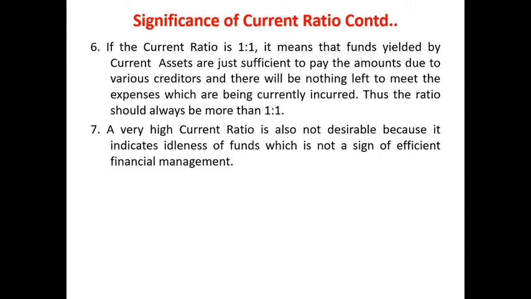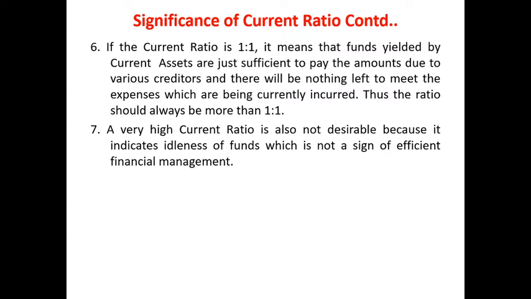The sixth one is, if the current ratio is 1 is to 1, it means that funds yielded by the current assets are just sufficient to pay the amounts due to various creditors, and there will be nothing left to meet the expenses which are being currently incurred. Thus, the ratio should always be more than 1 is to 1.